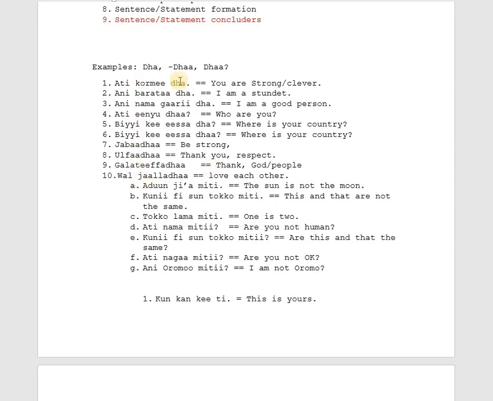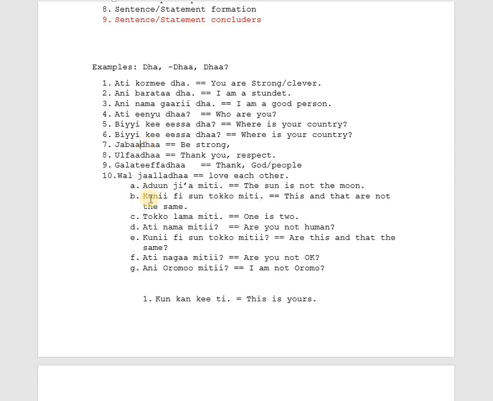So it's not a concluder, but it can be confused when we write that. We can't write like that. It should be attached to the word. There are lots of words like this in Oromo. Maybe we will see this in advanced Oromo writing.